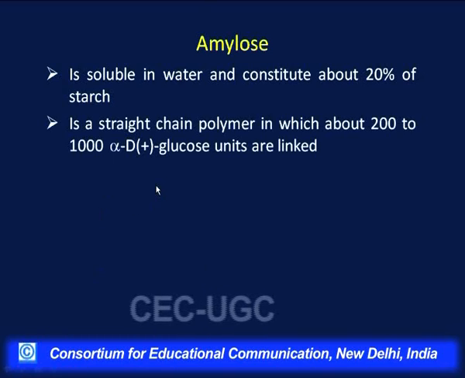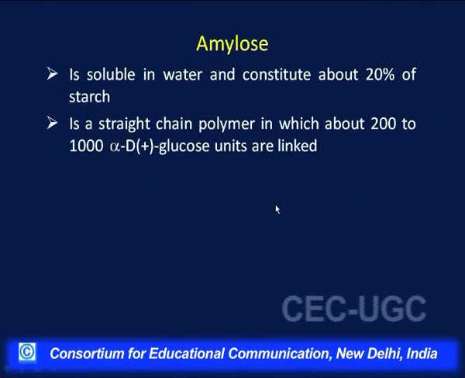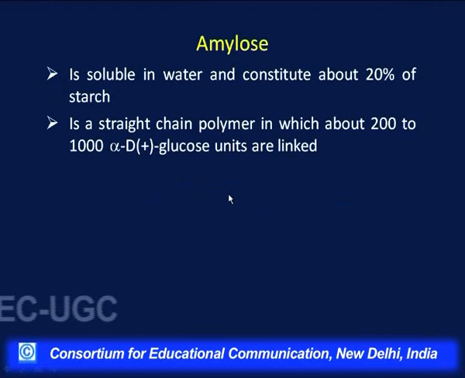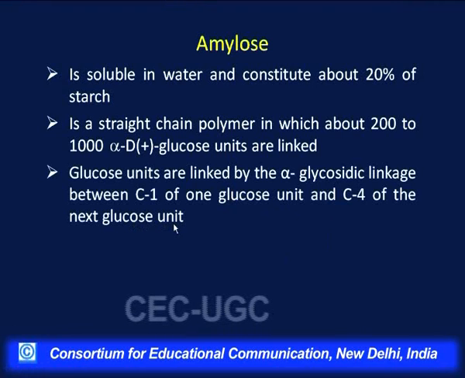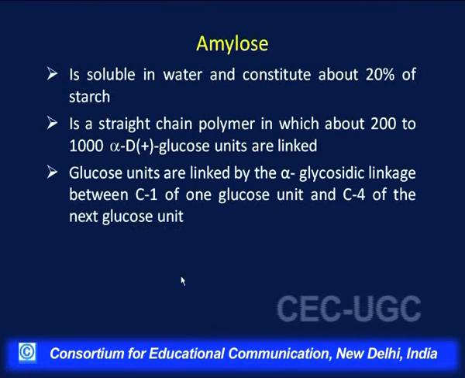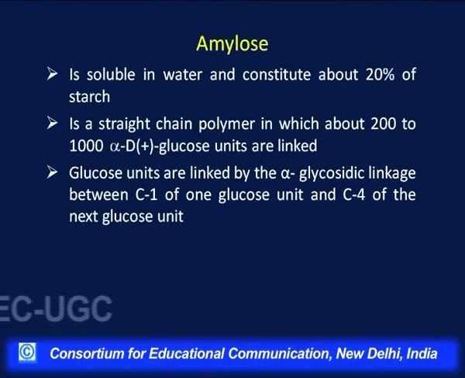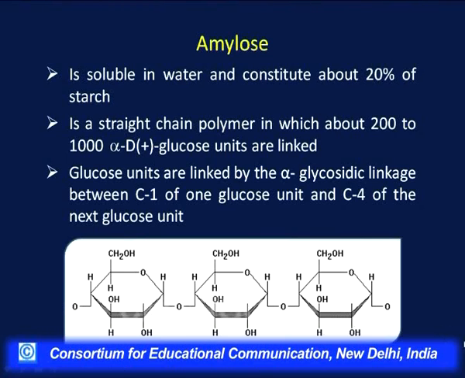This amylose is a straight chain polymer which consists of about 200 to 1000 alpha D plus glucose units, and these glucose units are linked 1 to 4. That is, carbon number 1 of one glucose molecule is linked with carbon number 4 of another glucose molecule like this. This is one glucose molecule, this is the hydroxyl at carbon number 4, and this is another glucose molecule, whose alpha anomer is being used, so the hydroxyl is on the lower side, and they form this glycosidic bond.